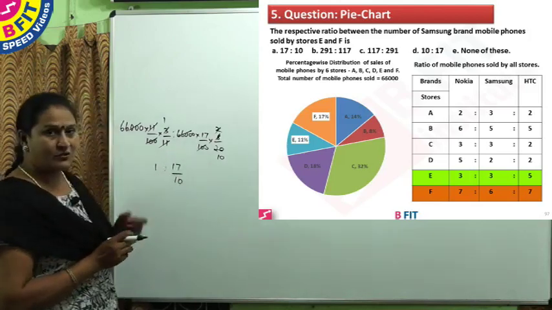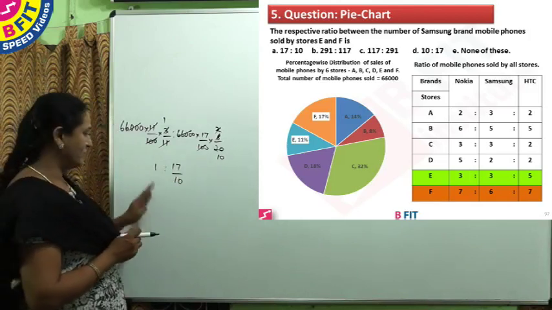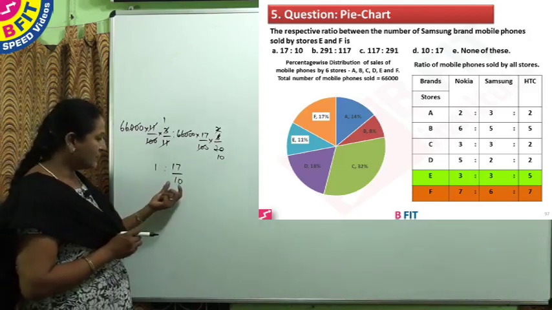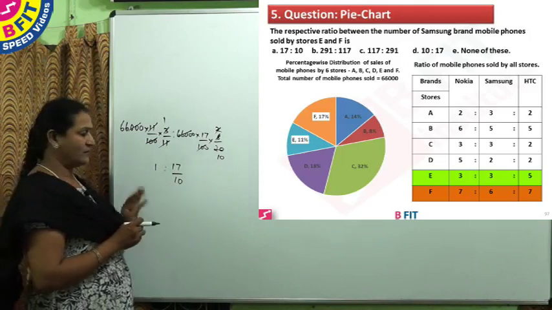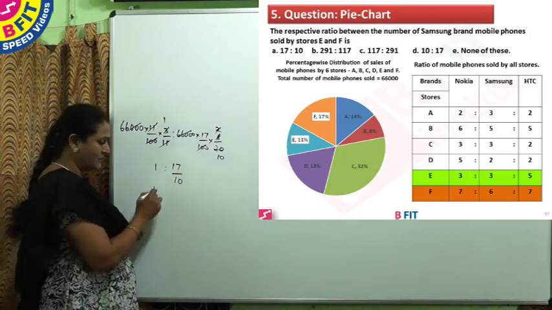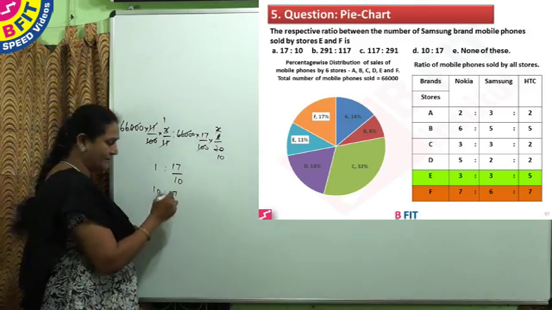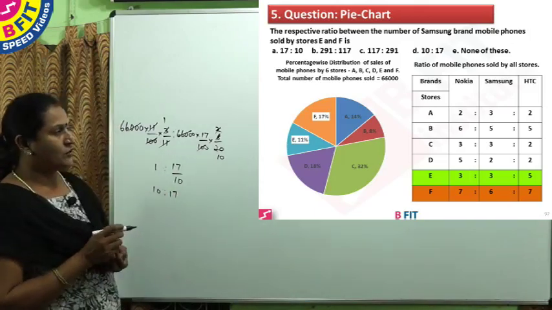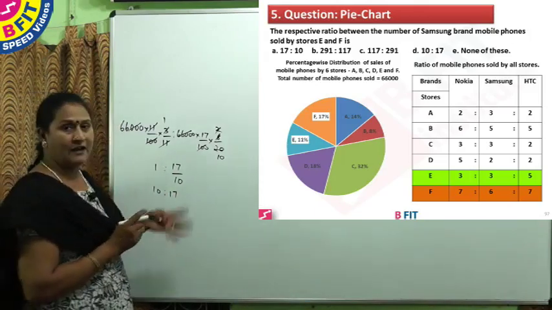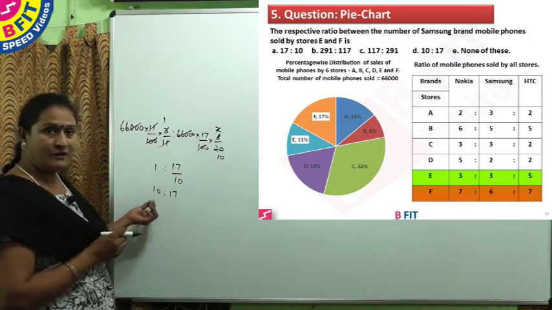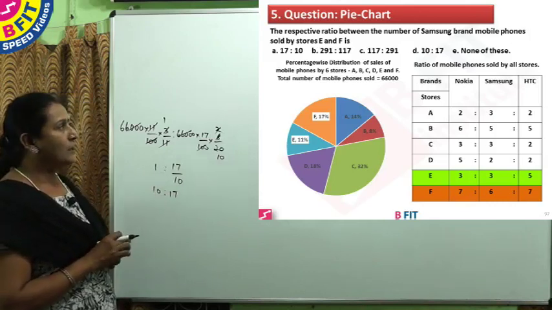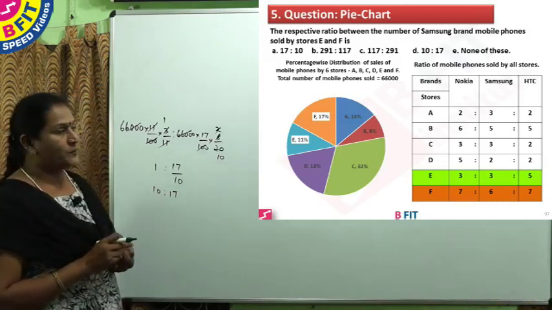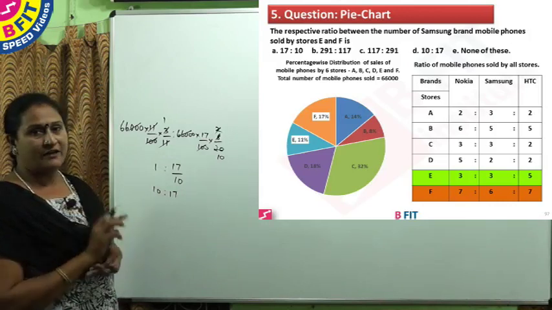And our ratio should be in the standard format, that is, no fractions. So send this denominator to the other part. So in the first part, 10 is to 17. Now what is the ratio of Samsung phones sold by E and F? It is in the ratio 10 is to 17. And now what will be the answer? It is option D, 10 is to 17.